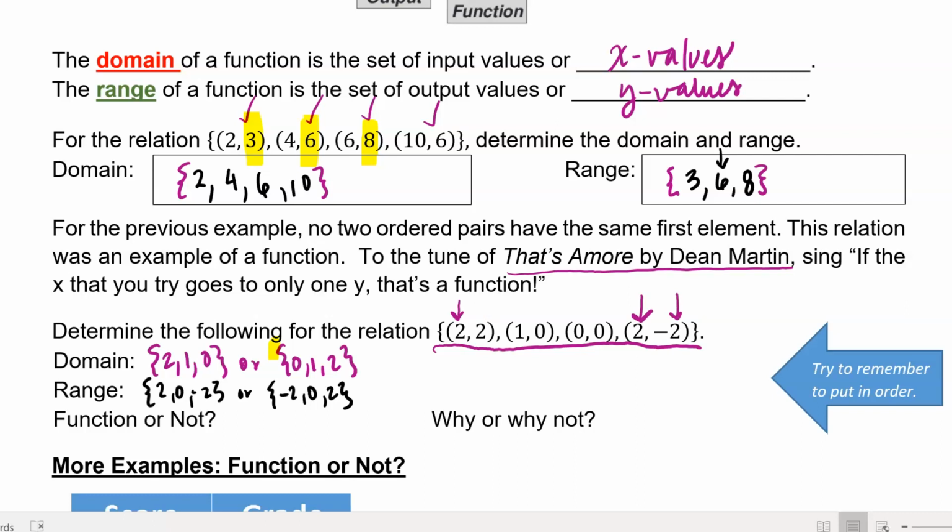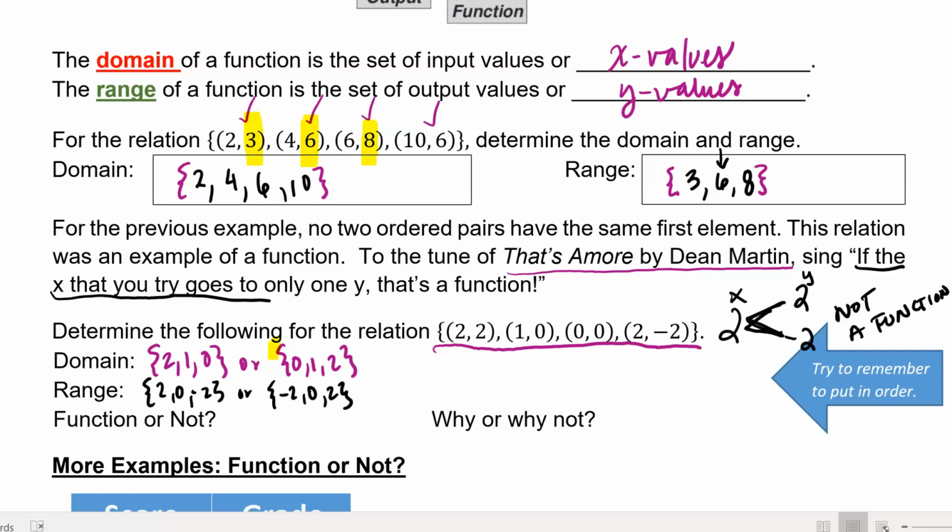We can't have that same first component going to 2 different y's. Because we're going to 2 different y's, it's not a function. So again, if the x that you try goes to only one y, that's a function. This x here too is going to 2 different y's, so it's not a function.